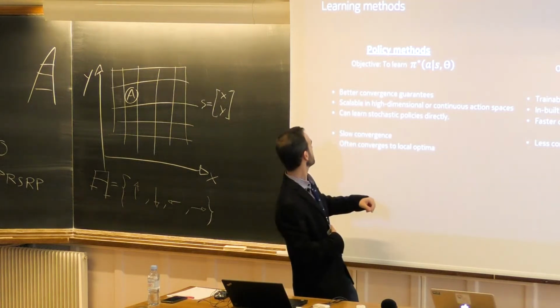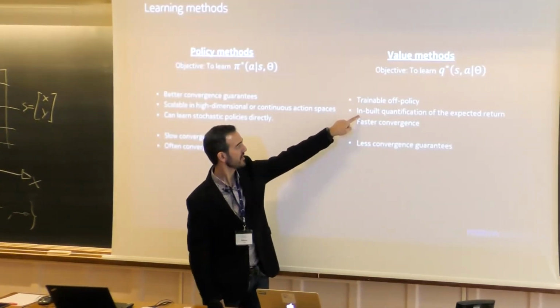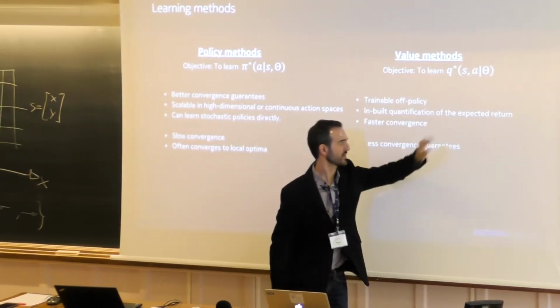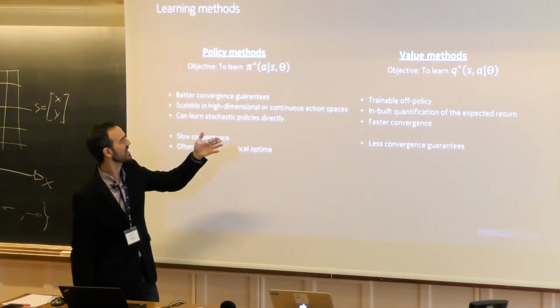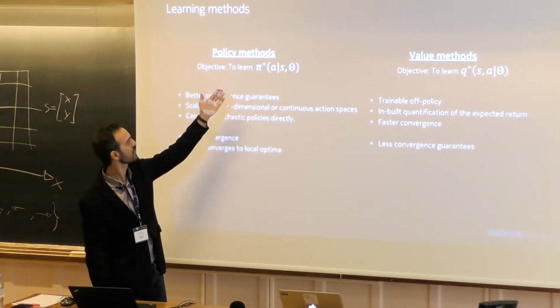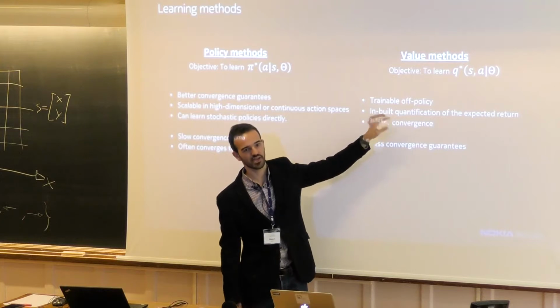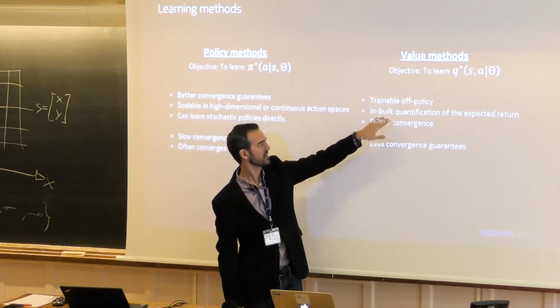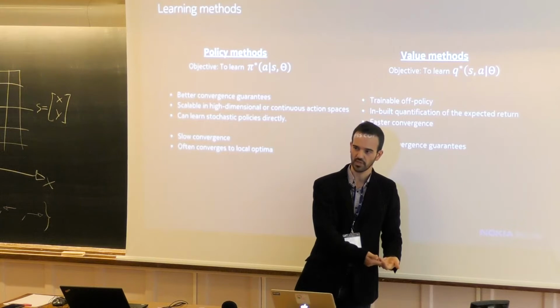Again, one thing I didn't highlight that I like about value methods is that you have here an in-built quantification of the expected return. Sometimes you don't really care about the optimal behavior, which is what you get with the policy methods. Sometimes you really care about the value of the actions you're going to take, because it gives you an estimation of how good the actions are going to be.